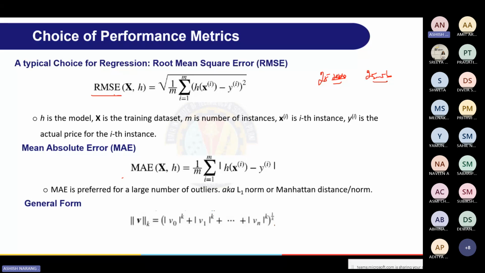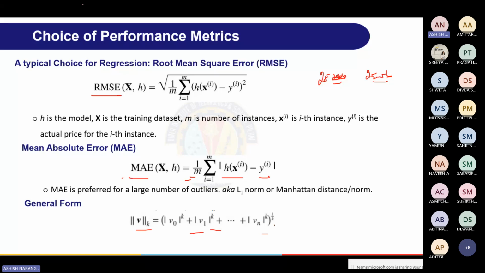There are multiple metrics that I can use for typically a regression model. One is root mean square error. Another is mean absolute error. Mean absolute error is simply the difference of the prediction and the actual, summed across and divided by m, the number of observations. This is basically the generalized form of both. If you put k equal to 1, this is mean absolute error.